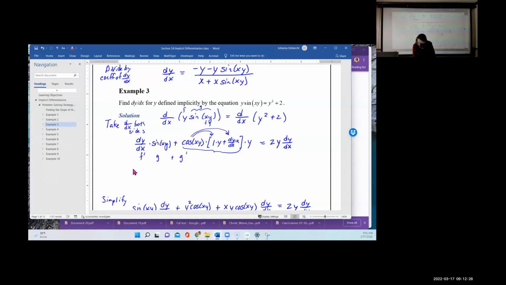All right, and this was my F. All right, so another way of thinking about this step right here is simply to take the y that's at the back, since it's multiplied, you have a cosine of xy, you have everything in the brackets, and then you have another y. You could move the y that's at the back to the front, y cosine of xy times y plus x dy dx.